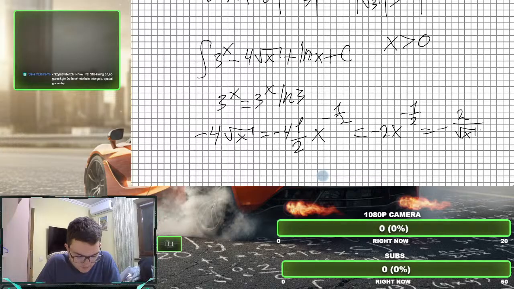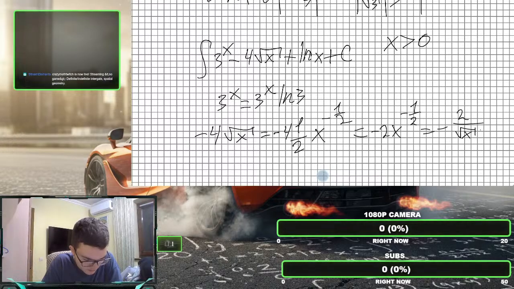Now, ln of x is just 1 divided by x, right? See some derivatives here. ln of x is 1 divided by x. Something at the power of x. Is there a formula for this, like a number to the power of x? Looks like no.